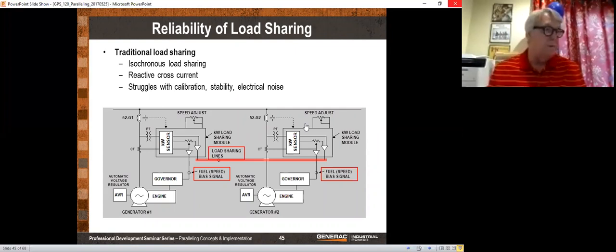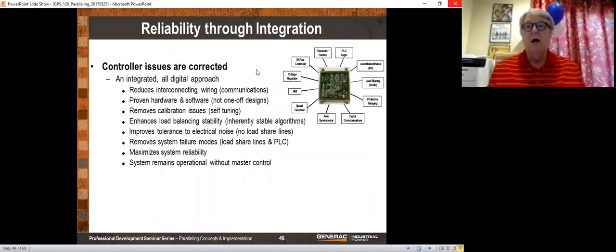Now, this is not what the Generac system looks like inside, but this is a block diagram showing basically what these things look like, and we're showing op amps there and resistors and so on. Of course, the Generac system is fully digital. Once you have all of those things on one board, in addition to making it cheaper and simple and easy to work with, it also makes it a whole lot less costly.